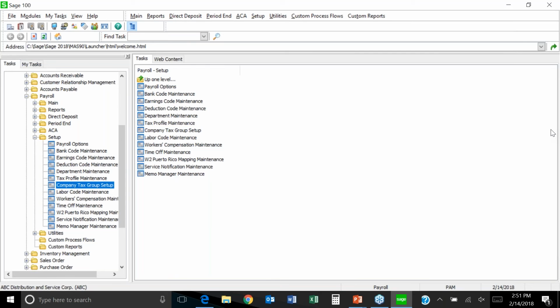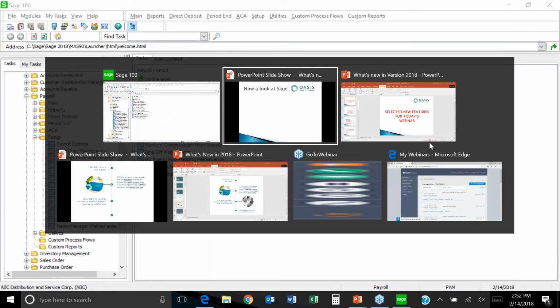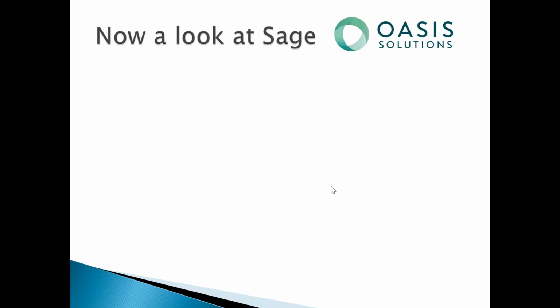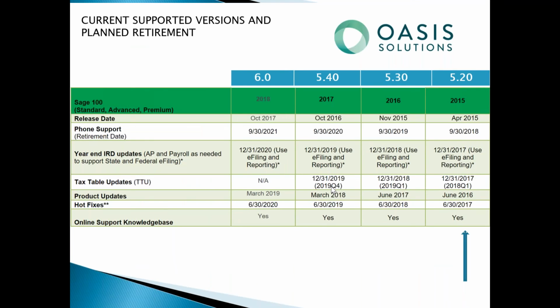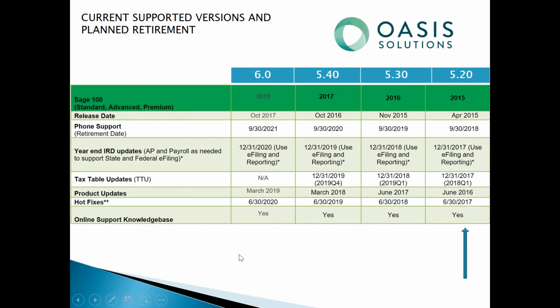So I know we ran through this really quickly, but that's a high-level overview of the changes that have been made to the 2018 version. So what I'm going to do is go back to my PowerPoint real quick and just briefly talk about what versions of Sage are supported and what versions are going to be retiring.